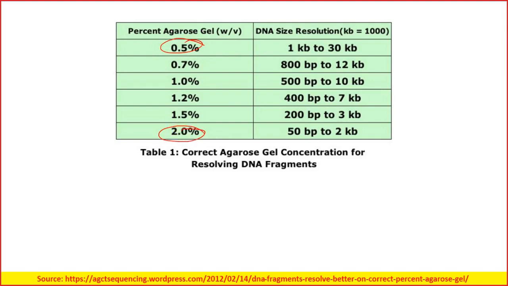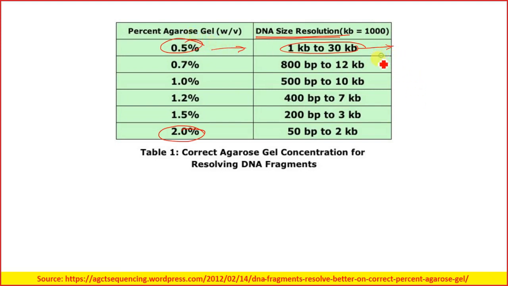Now, each percentage of agarose gel has a typical DNA size resolution. If you have to separate 1 kilobase to 30 kilobase pair DNAs, you use a 0.5% agarose gel.